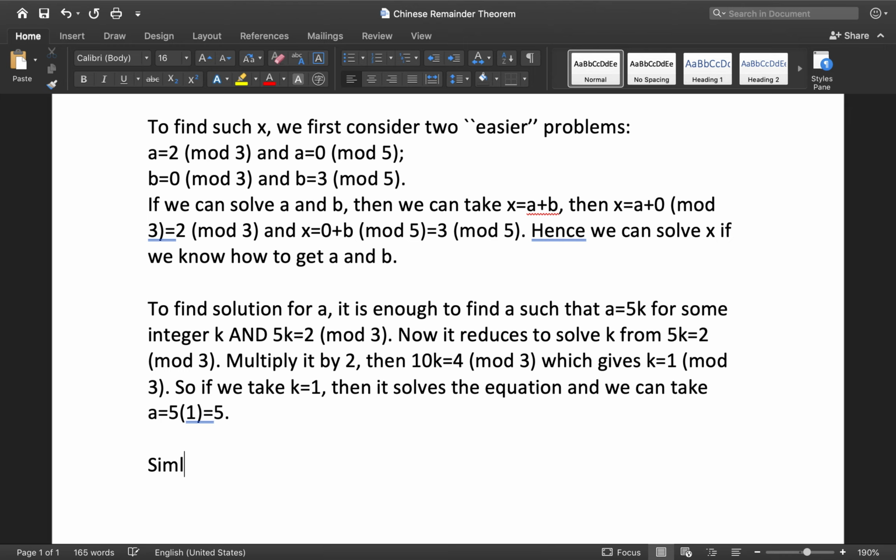Now for b, we can do it similarly. Remember b has to be congruent to 0 modulo 3, so that means b must be a multiple of 3.